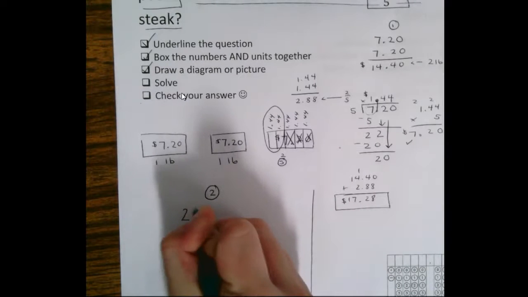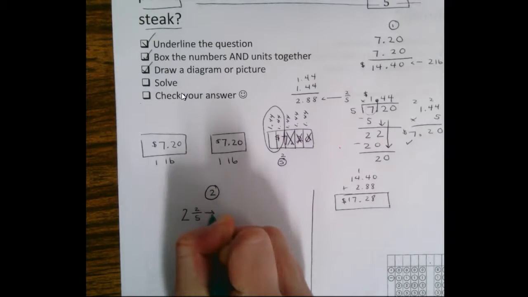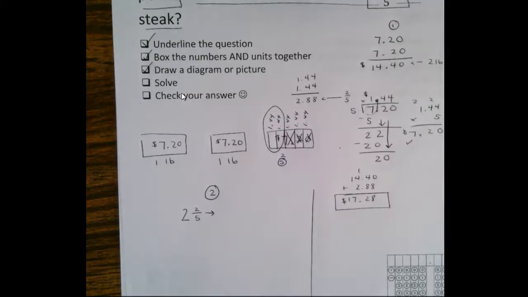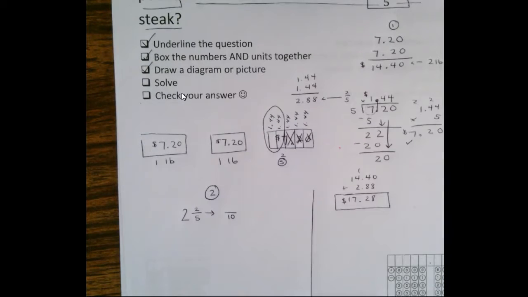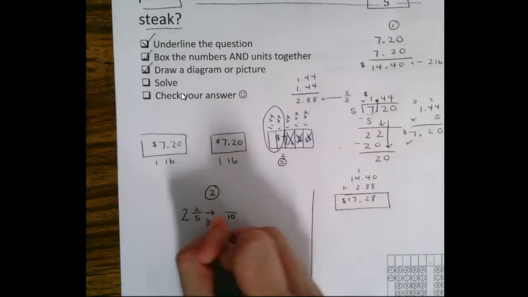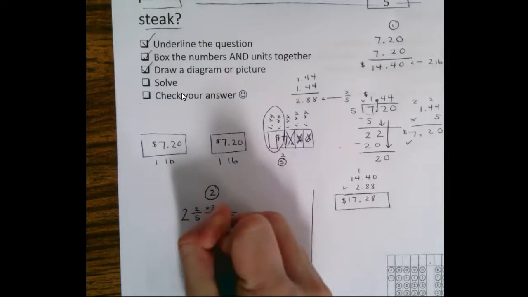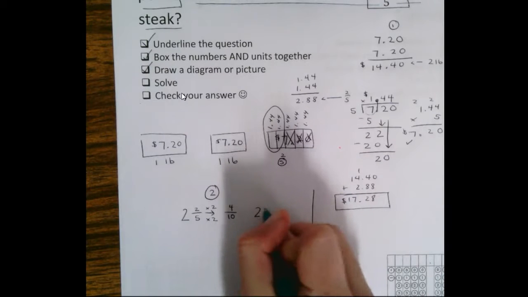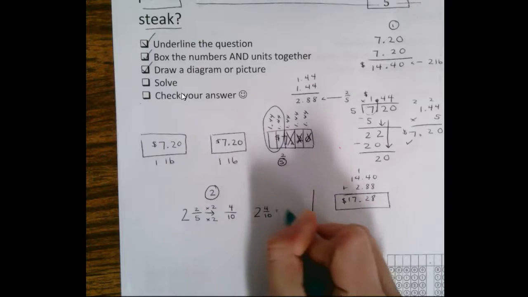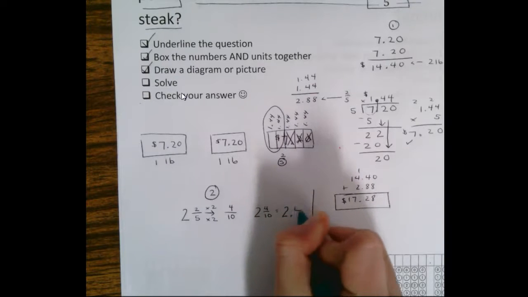But 2 2/5, it would be easier for me to convert that to a decimal. So I know that the decimals are called tenths because they're out of 10 in the place value. So 5 times 2 makes 10, and 2 times 2 makes 4. So this fraction is really the same as 2 4/10. So if I want to write it as a decimal, I could write 2.4.